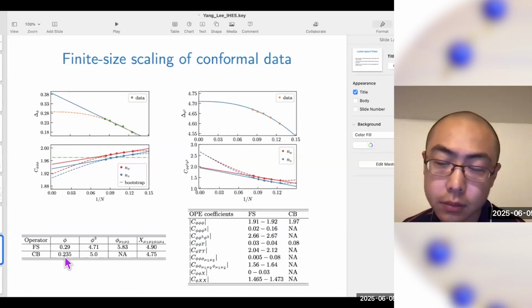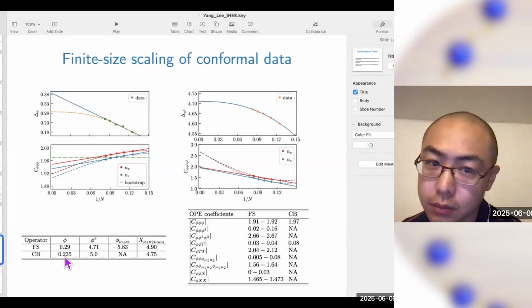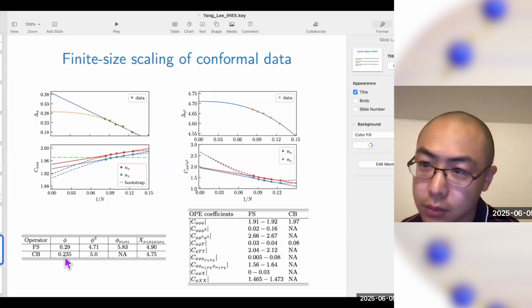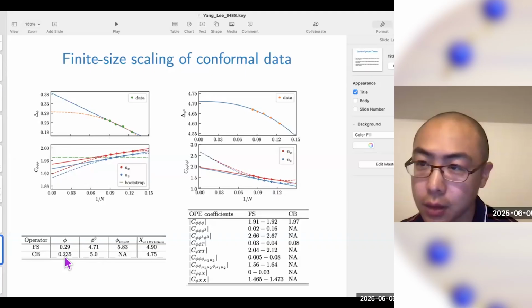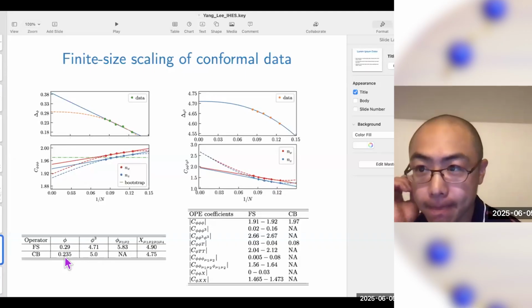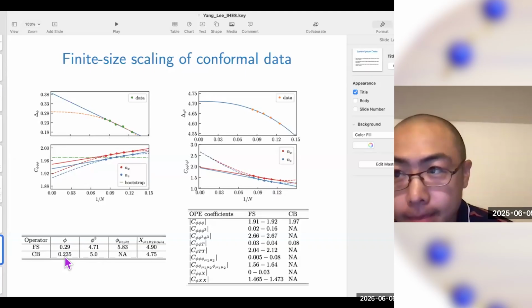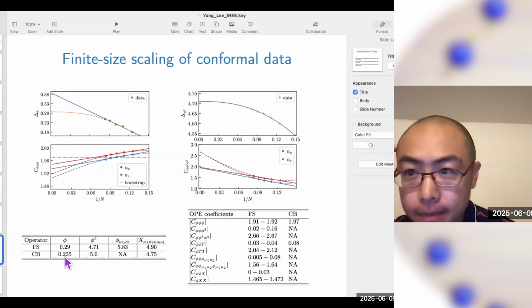I didn't understand what you said about the fitting function, in the first plot of delta phi at large n. You said you were adding an irrelevant operator of dimension 8. I understood that. Why aren't you adding phi cube and the spin 4 for the delta phi extrapolation?